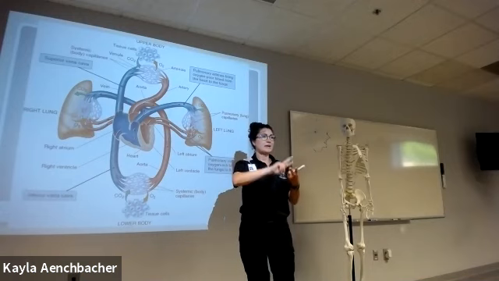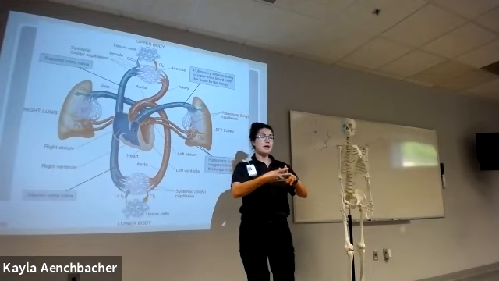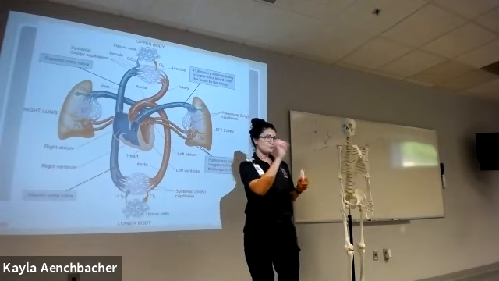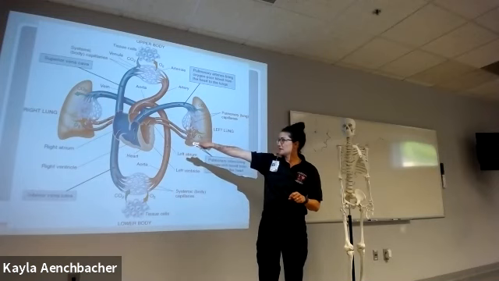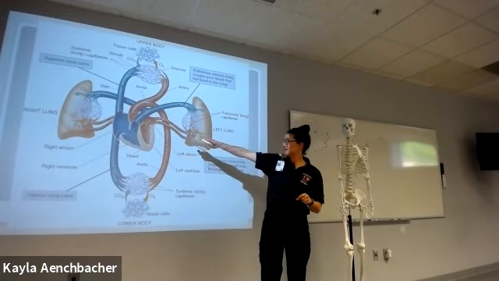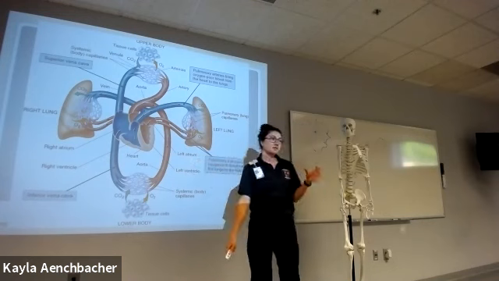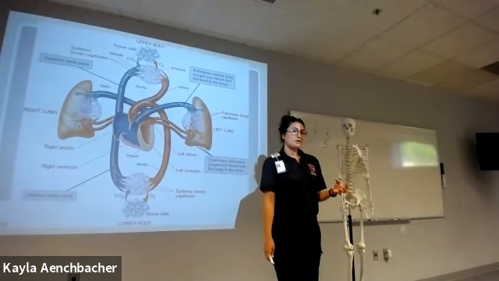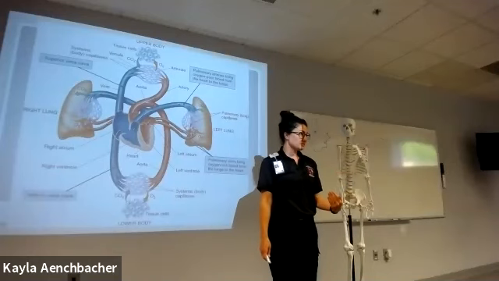That's where I'm gonna have that gas exchange. Once I get that oxygenated blood, I'm gonna go through my pulmonary venules to get back to my pulmonary veins. And then I'm gonna start dumping that oxygenated blood in my left atrium. I'm gonna go through the bicuspid valve to get to my left ventricle.